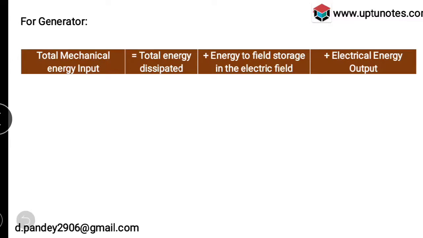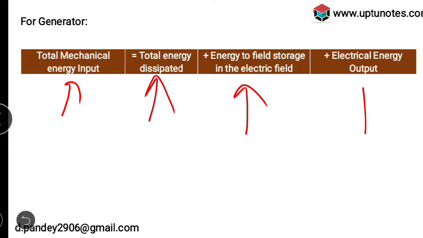Moving to the generator, the energy balance equation may look like this: total energy input equals total energy dissipated as losses, plus energy to the field storage in the electric field, plus the electrical energy output.